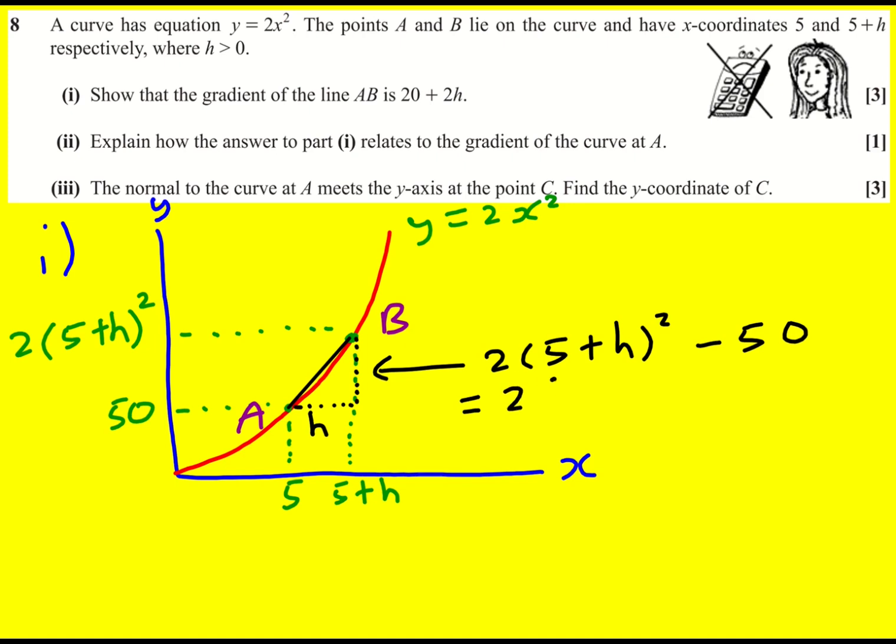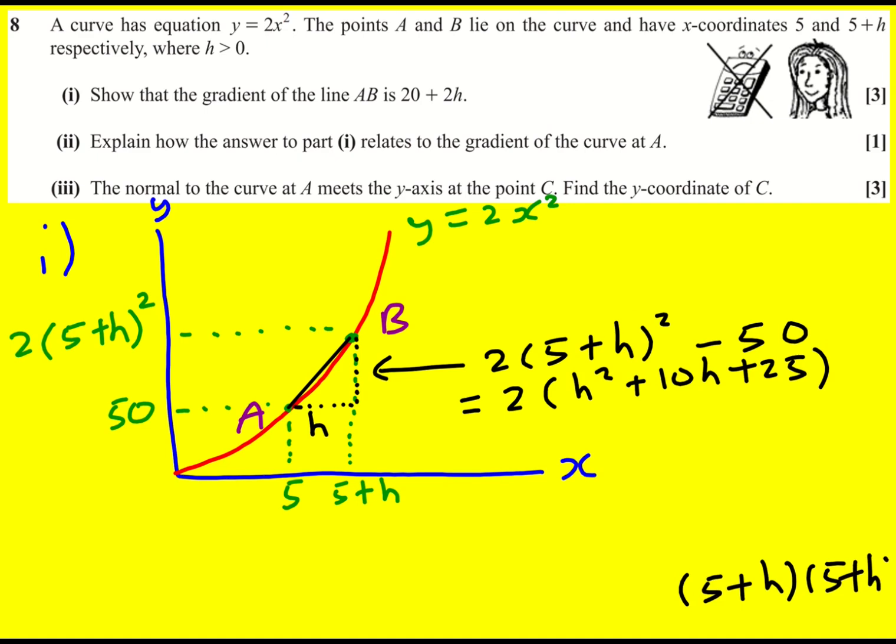So let me expand that out. I'll deal with the h first. It's going to be h squared plus 10h plus 25. I just expanded this double bracket. I get h squared, then 5 times h, and then h times 5 and 5 times 5.